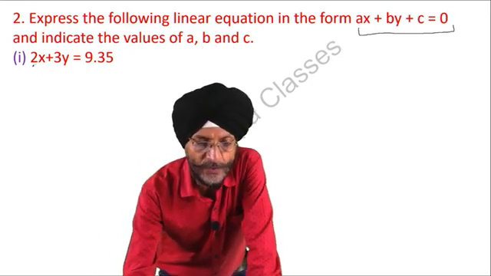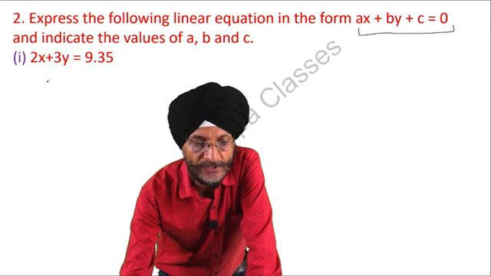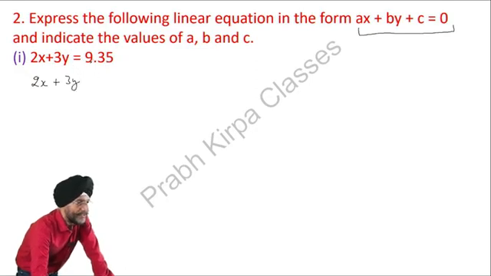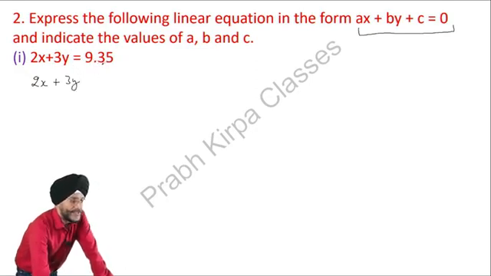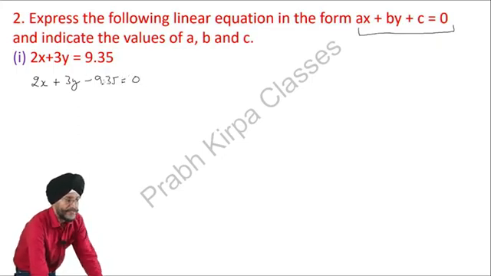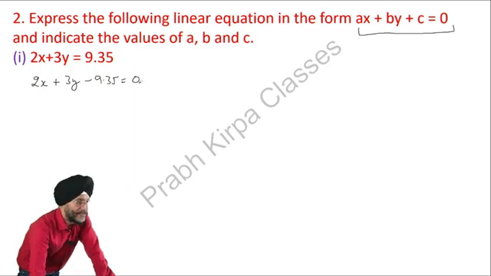So now this is the equation which has been given to us. So we can write this equation as 2x plus 3y. If we take it to this side, here it is positive. When we take it to the left hand side, it becomes negative. If we take it to the left hand side, then the other side becomes 0.